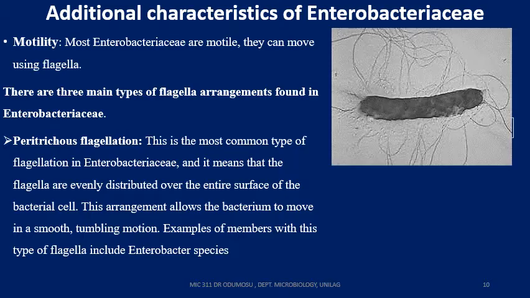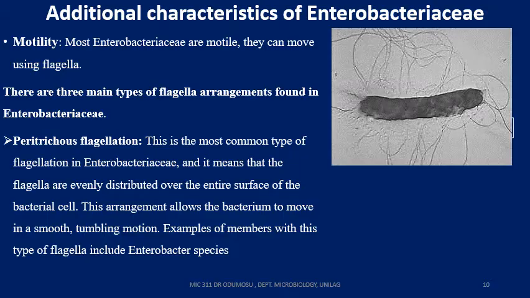We have the peritrichous flagellation, which is common among some Enterobacter species, which is described as a kind of covering. The flagella is all over the cell of the bacteria and it's distributed evenly. It allows them to move in a smooth and tumbling motion.